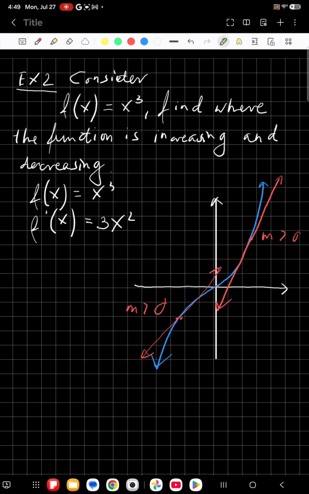Okay, so let's write it down. Increasing on an interval from negative infinity to positive infinity. And yeah, let's write the definition. The definition goes like this.